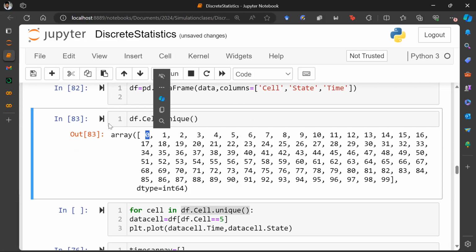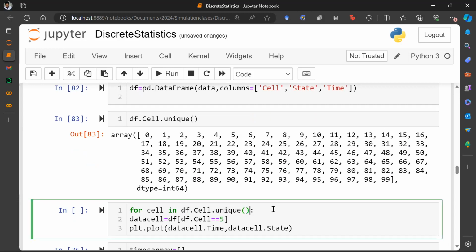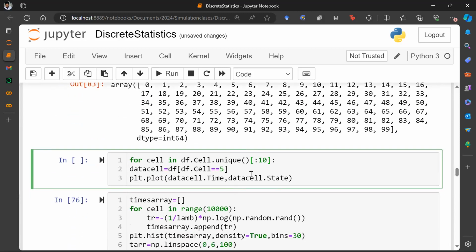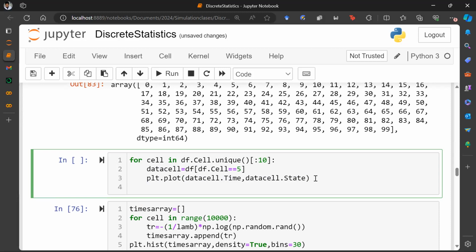In total, 100 cells. But I don't want to plot all of them, only the first 10. So remember that in Python, inside the for loop it has to have this indentation. You can make it using tab, and the for ends when the indentation changes.